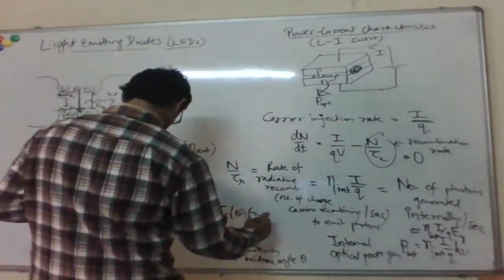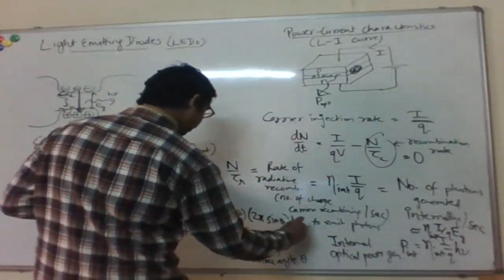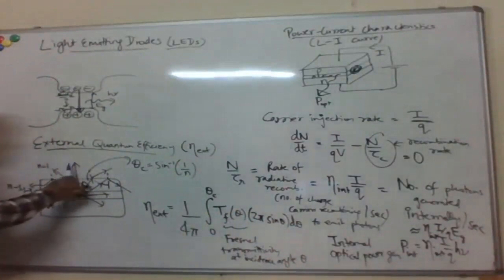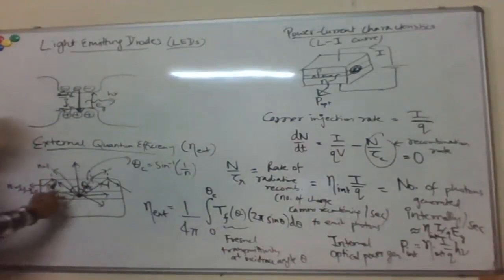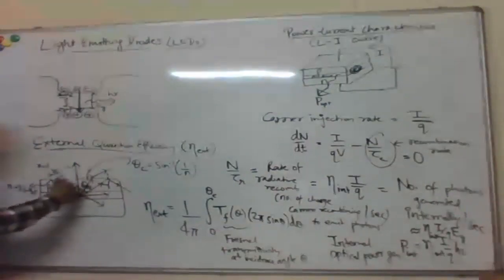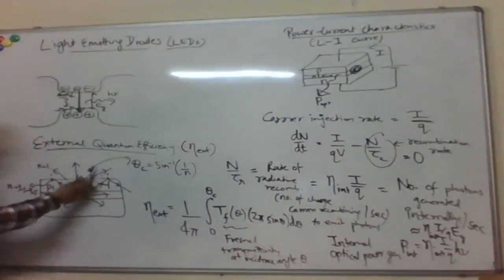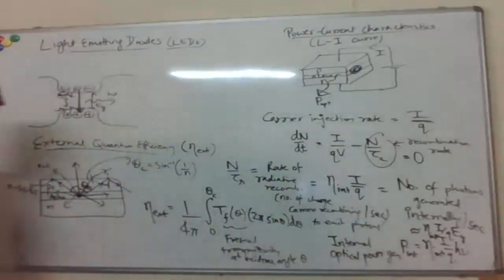Right, multiplied by the solid angle element. If you work in spherical coordinates, there is this angle theta, which goes from 0 to pi, and then there is this phi angle, which goes around, from 0 to 2 pi. This is symmetric in the phi direction, so we just integrate over phi to get 2 pi.